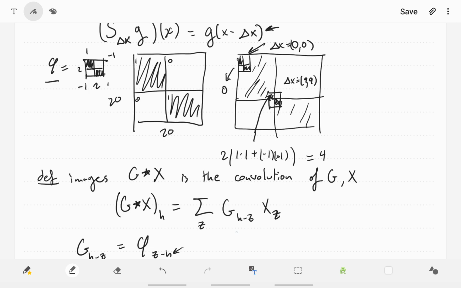And that's what we're going to take the inner product of with respect to this X. And so G is like a flipped version, both vertically and horizontally, of the original phi filter. And so this is the strict definition of convolution. And remember, this is in multiple dimensions.